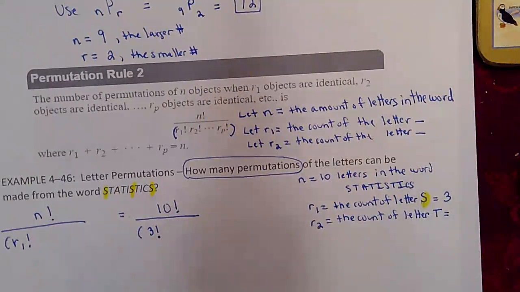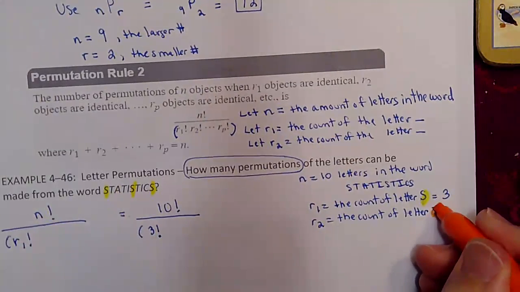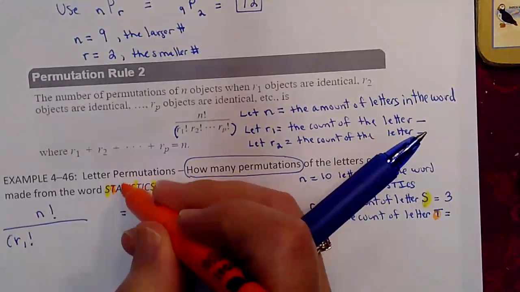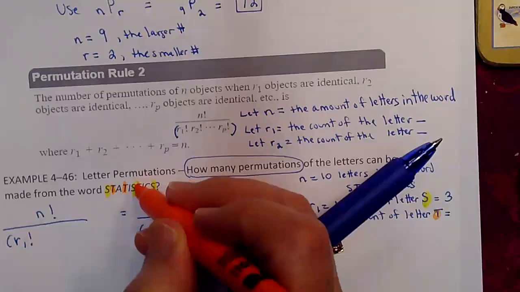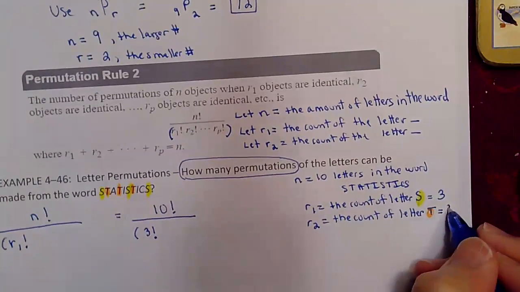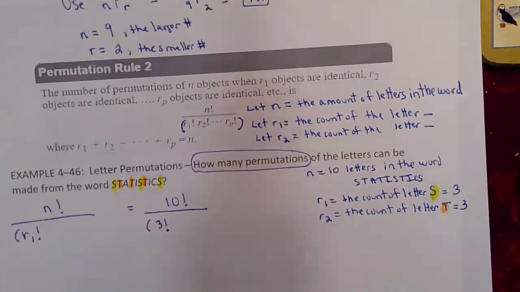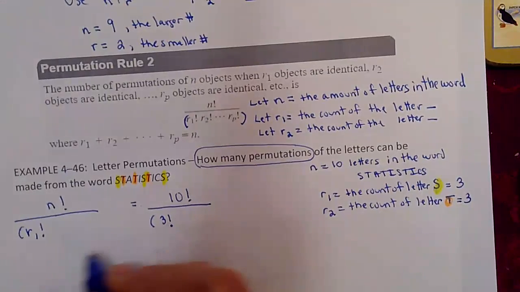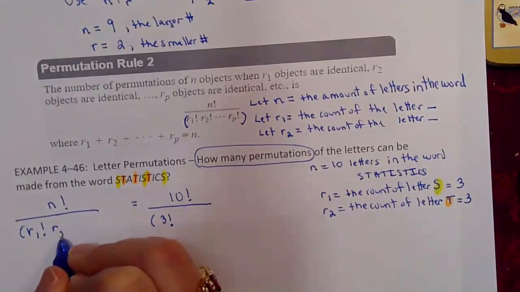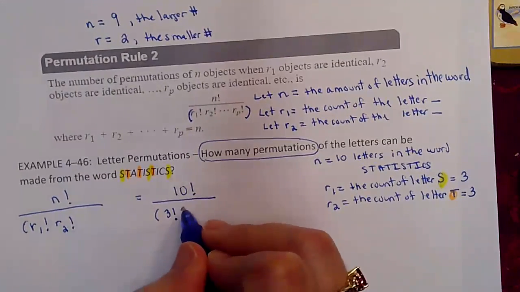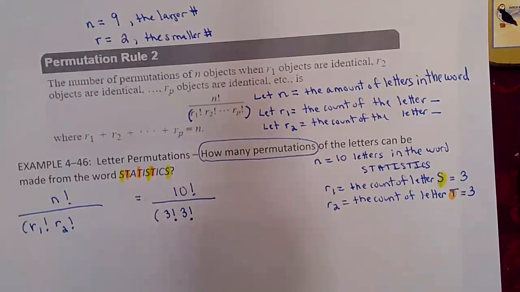I'm going to use orange for T. So I have 1, 2, looks like 3 also. So it looks like a count of 3. So this is R sub 2 factorial, and for us it's also 3 factorial.